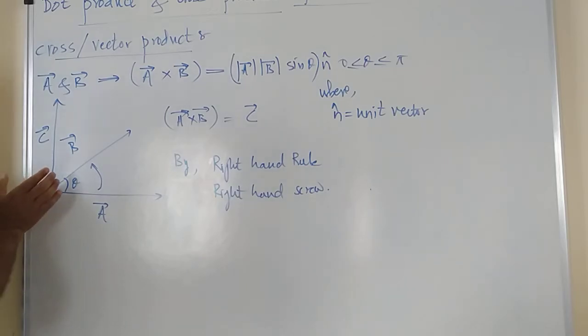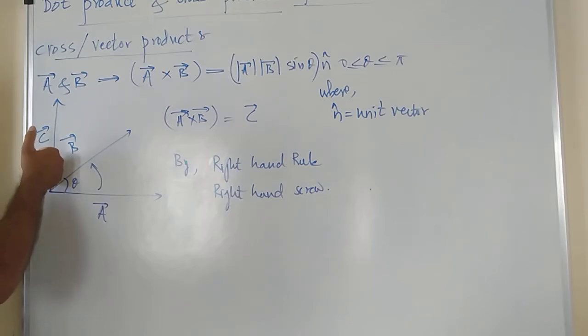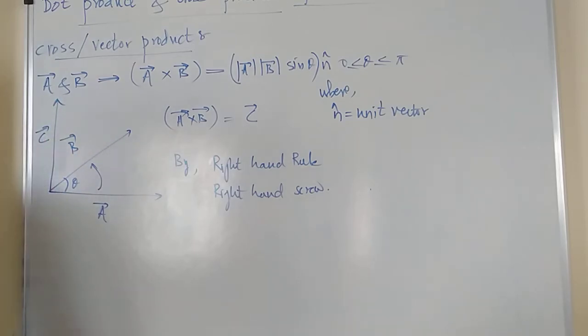So if you hold the fingers of your right hand along the direction of rotation of the vector, then the thumb directed will give you the direction of the third vector. Now the thumb is directed in an upward direction, so this is the direction of the resultant of the product of two vectors. Now if in the other case, you draw the two vectors in a reverse way, right?